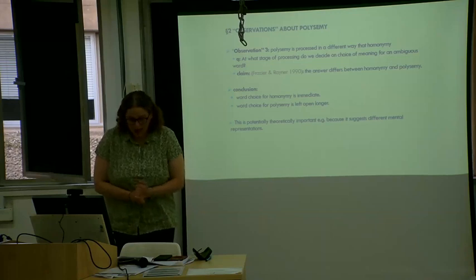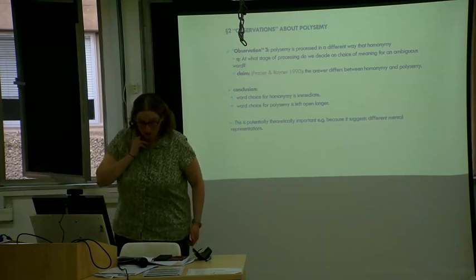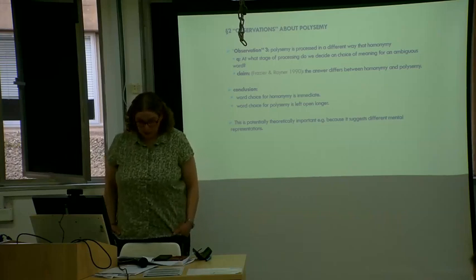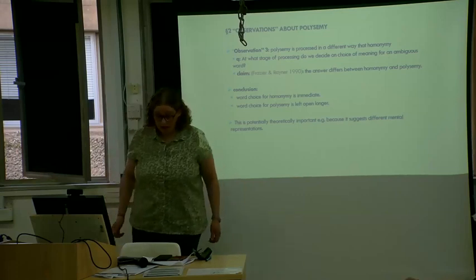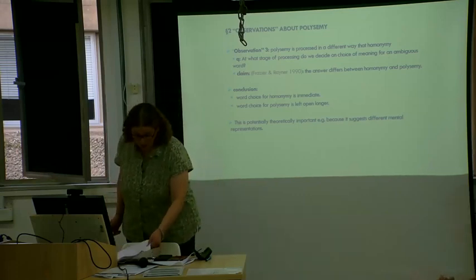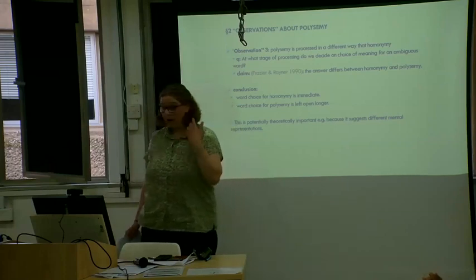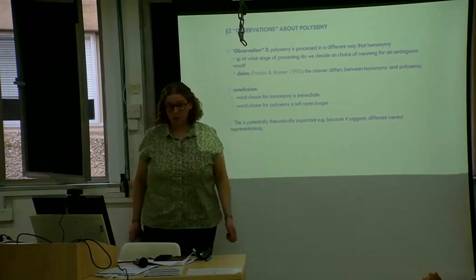Good. So again, I'm mainly concerned here with the observations themselves, not their theoretical imports. But again, just to give you a sense of why this is important, this and other data in the literature has been used to argue that we have very different mental representations for polysemy and homonymy.